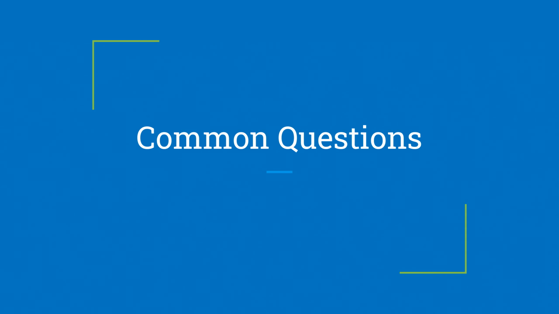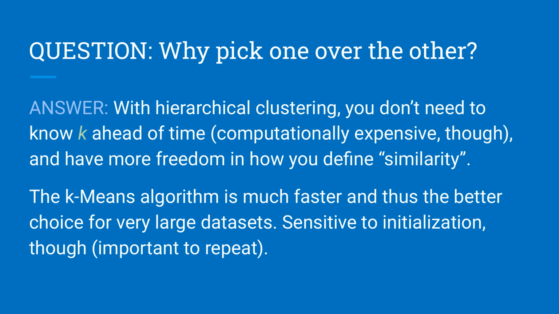You might be wondering why we might choose k-means over agglomerative hierarchical clustering or vice versa. The large benefit of choosing hierarchical clustering is that we don't have to pick the number of clusters ahead of time, and we can play around with this value without having to rerun the entire algorithm. With this, though, comes some serious computational costs.